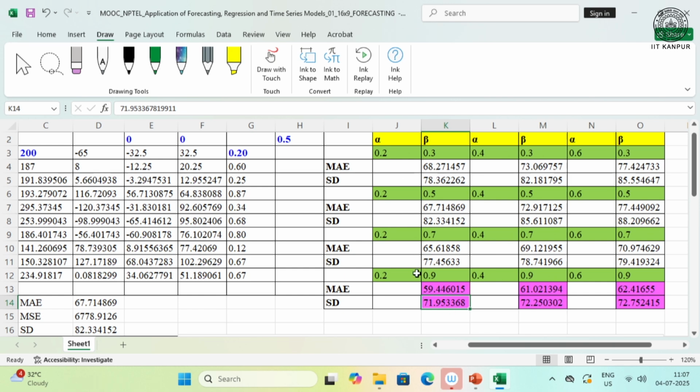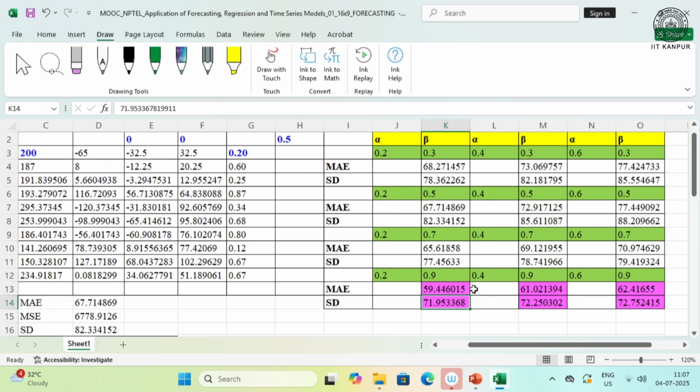So, for alpha 0.2 and beta 0.8, the corresponding MAE is 59.446015, which is given in cell number K13, and standard deviation 71.953368 is given as K14.